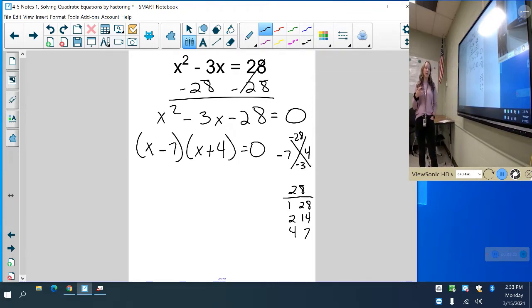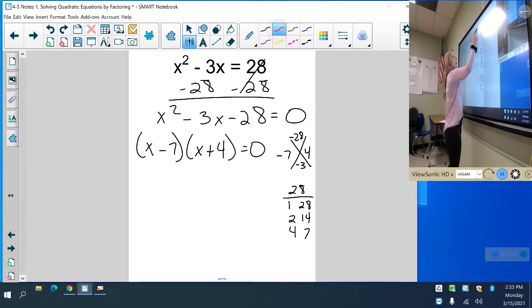Now, that's how far we got before, but think to yourself: when you have 2 binomials multiplied, what do we know about any 2 numbers that multiply together to get 0? If I had a times b equals 0, what do you know about a and b?